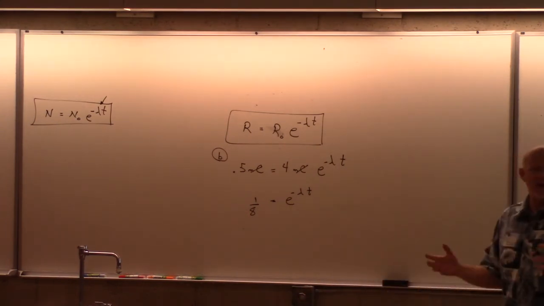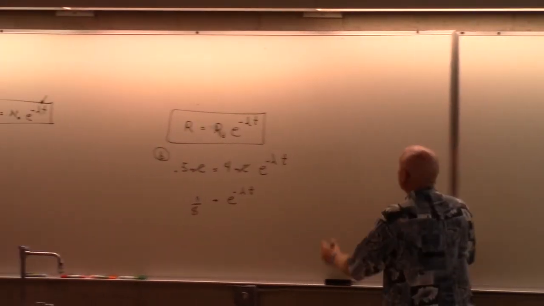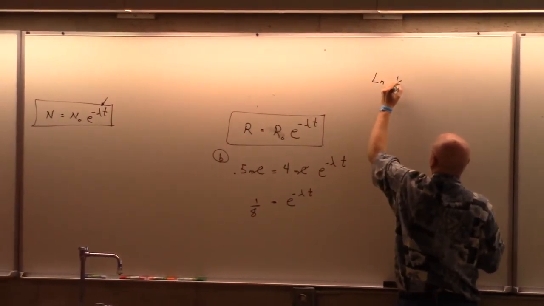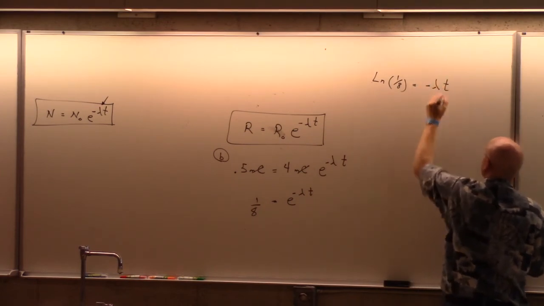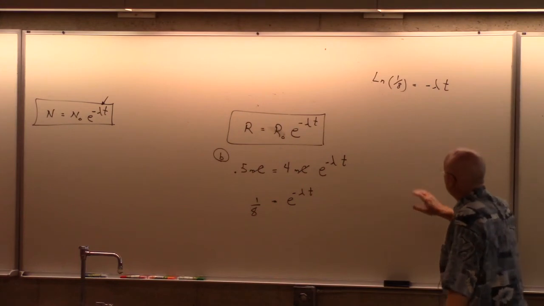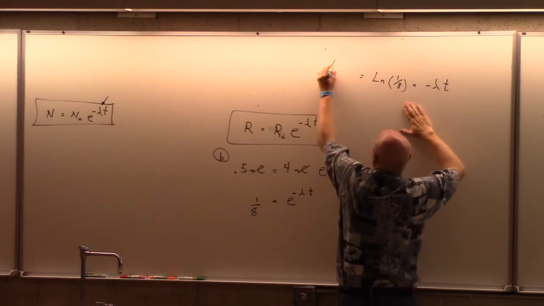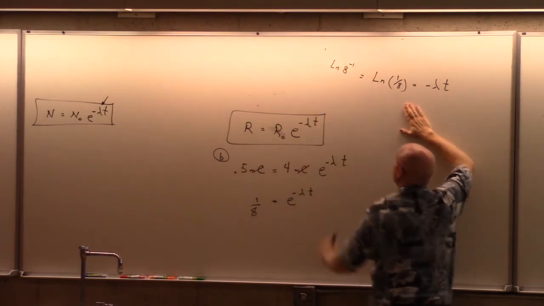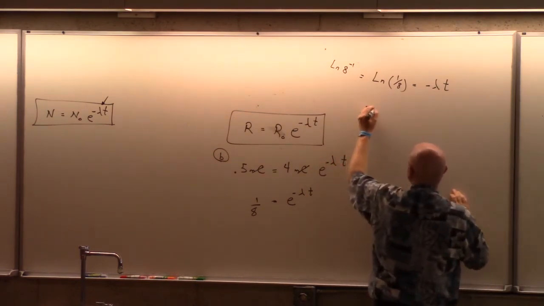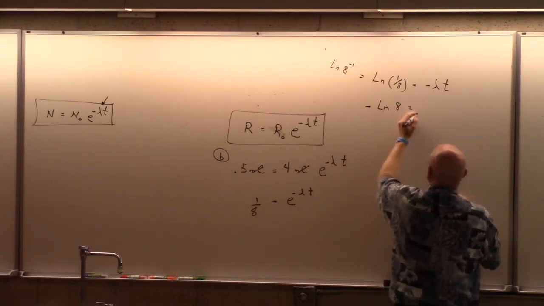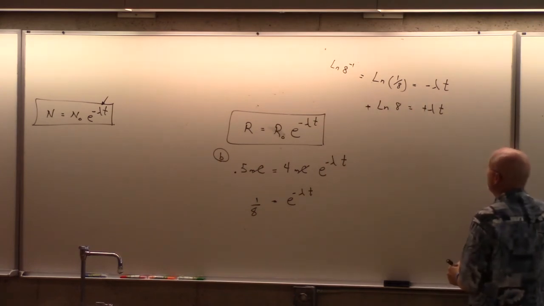Now this is why I said maybe the harder mathematics I should show you, because now let's take the natural log of both sides. So I would have the natural log of 1/8, and that would equal negative lambda t. And like you saw me do with the half-life, why don't we think of this as the natural log of 8 to the negative 1 power, so that the negative 1 can come out in front and cancel off with the other negative.